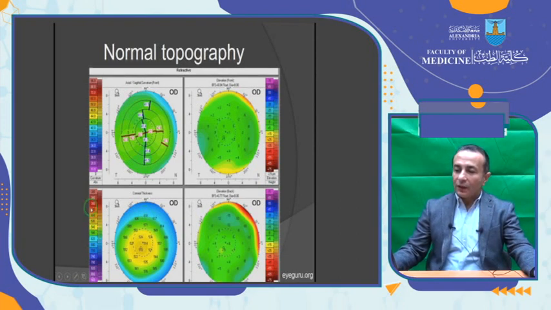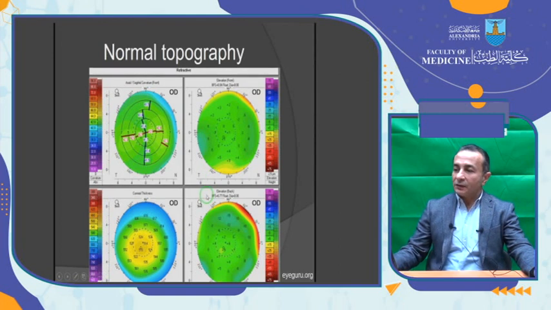And this is also a color coded scale. So if it is yellow, then it will be 540. If it goes towards the red color, then it is a thin cornea, 380, 340, and if it goes towards the blue color, then it is a thick cornea.